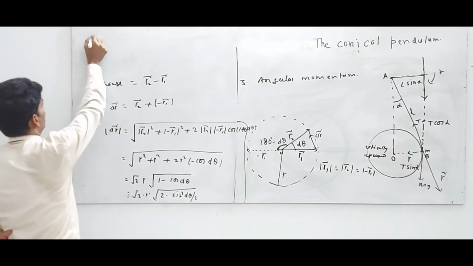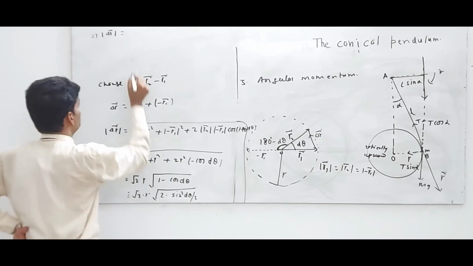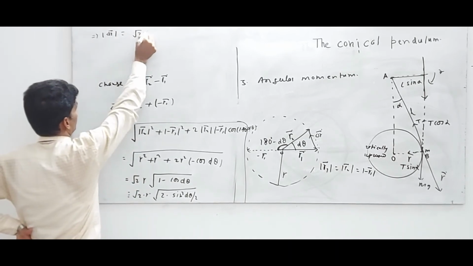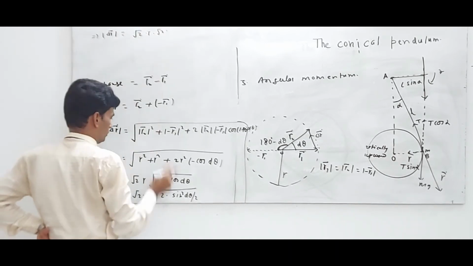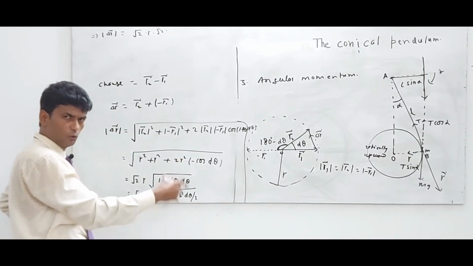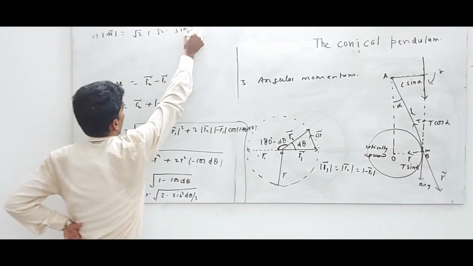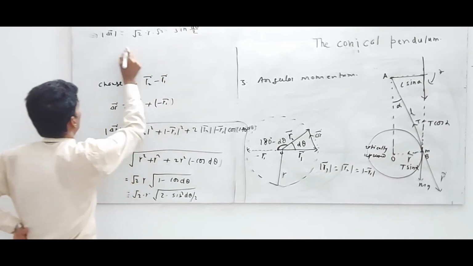Now the modulus of delta r vector is equal to root 2r, then again root 2, and the mod of sine d theta by 2, which is positive, so no need to put mod. Take it out, it comes out to be sine d theta over 2.